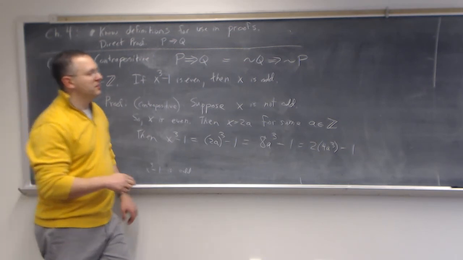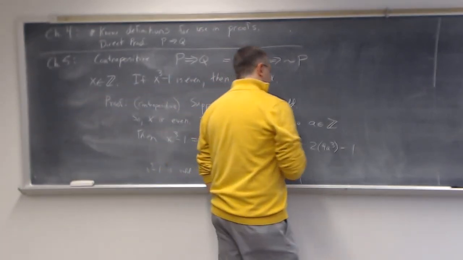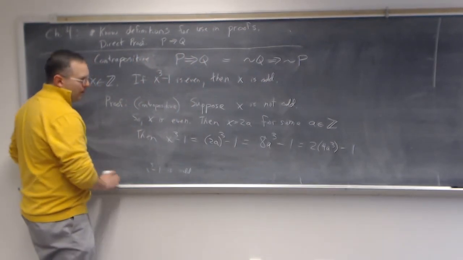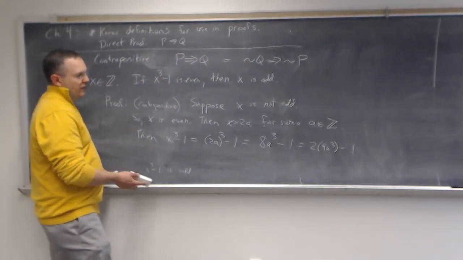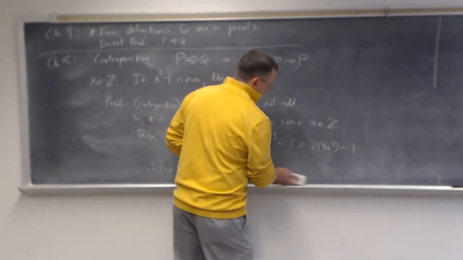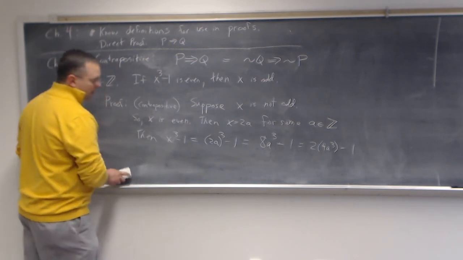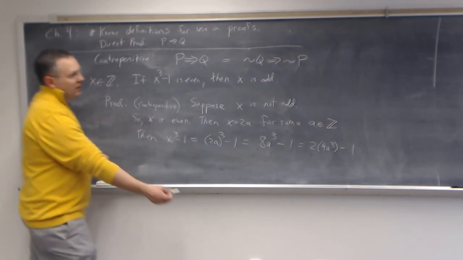So, yeah, I mean, this is pretty close. I think we've even shown that if the 2 times a minus 1 is odd, but technically that's not the definition. This does not look like 2 times an integer plus 1.